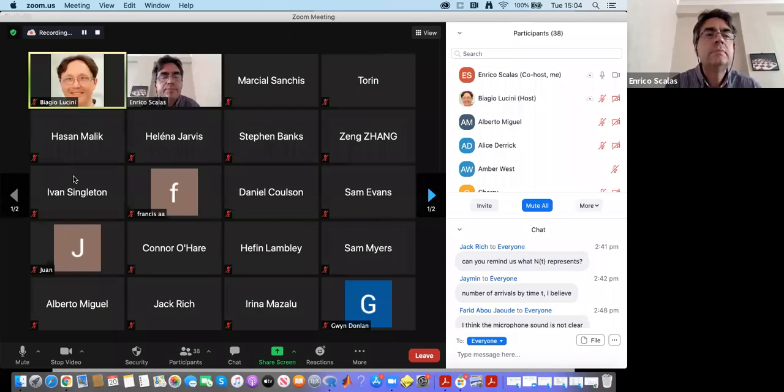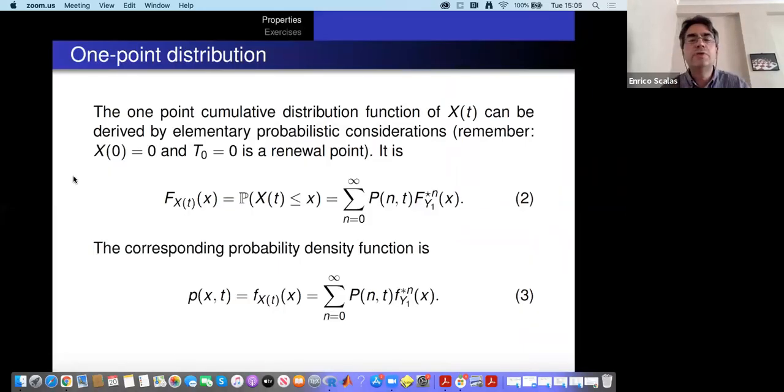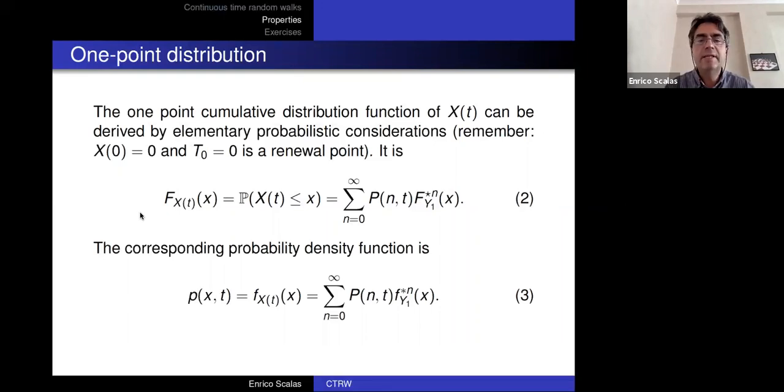Let me try to go full screen, to see my screen, on the simulation.